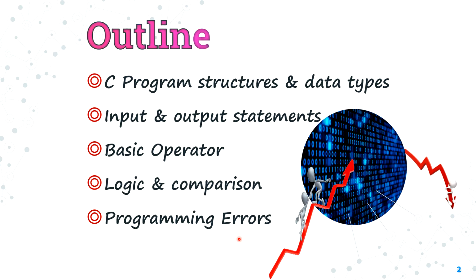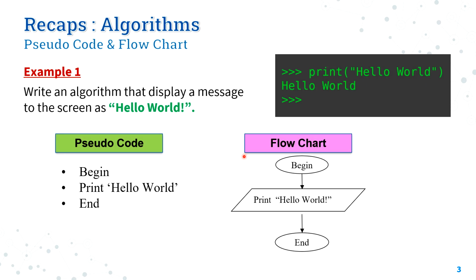So for this part, part 1, we will take a further look at C program structures. Now, as a quick recap from our previous discussions on algorithms, remember that before we write C code, we must understand our logic.